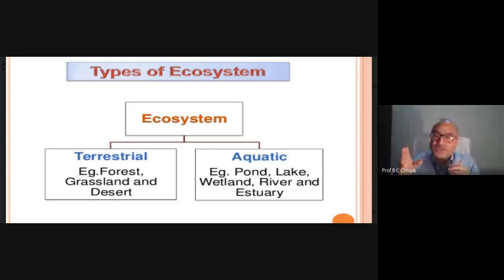We can even see the intercontinental movement of the shark. It was observed that between the African continent and Australia there is much more distance, Australia's southern part and South Africa.